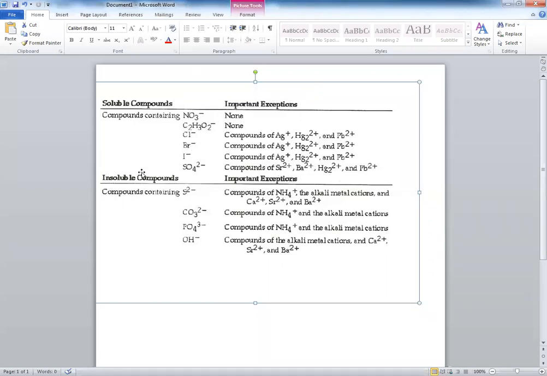On the other hand, down here, all of these compounds that contain these ions, like sulfide, carbonate, etc., are insoluble unless they contain these elements, these cations. So this makes these soluble. This makes these insoluble. That's how you should think about it.